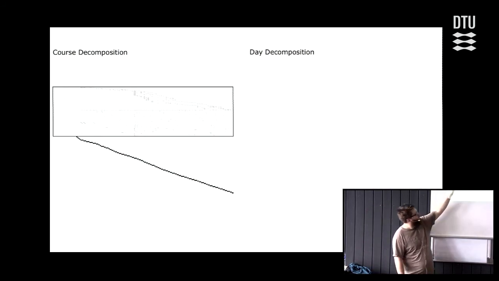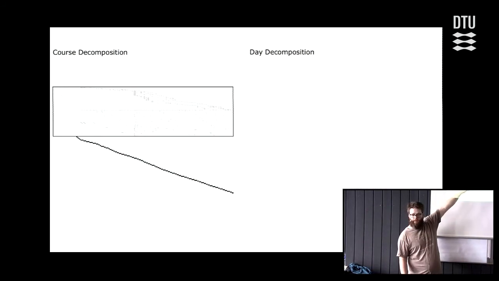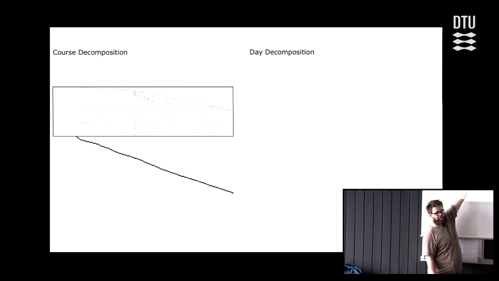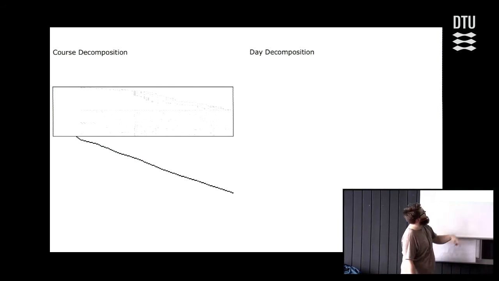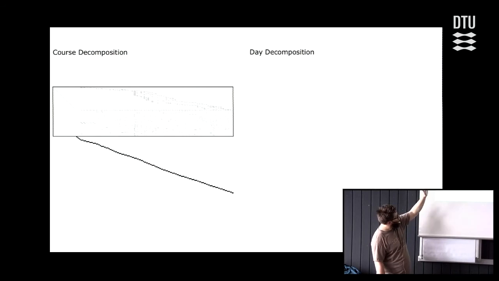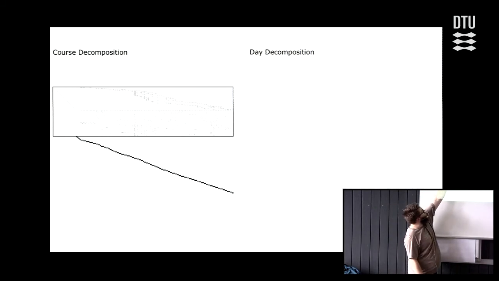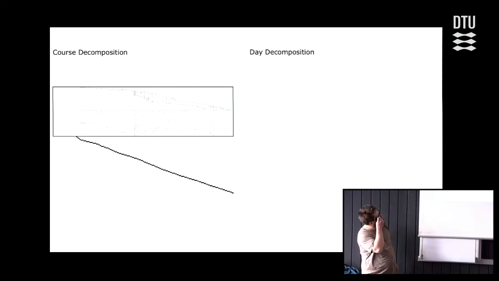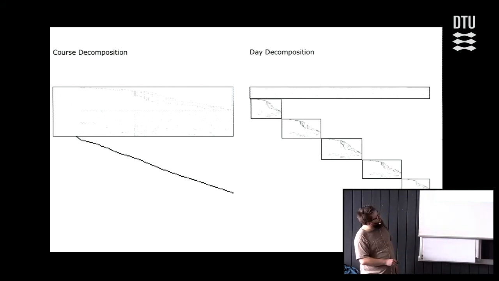And if we take the constraint matrix of our pattern formulation and plot all the different non-zero entries, where every dot here is a non-zero entry in the matrix, and sort the columns and the rows by courses, this is the structure we get. So every little square or rectangle here corresponds to all the constraints related to one single course. And for the days, it will look like this.